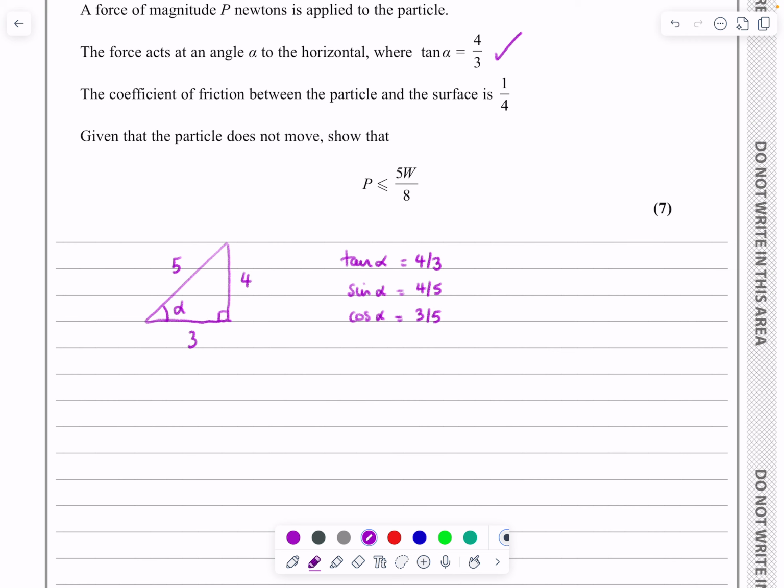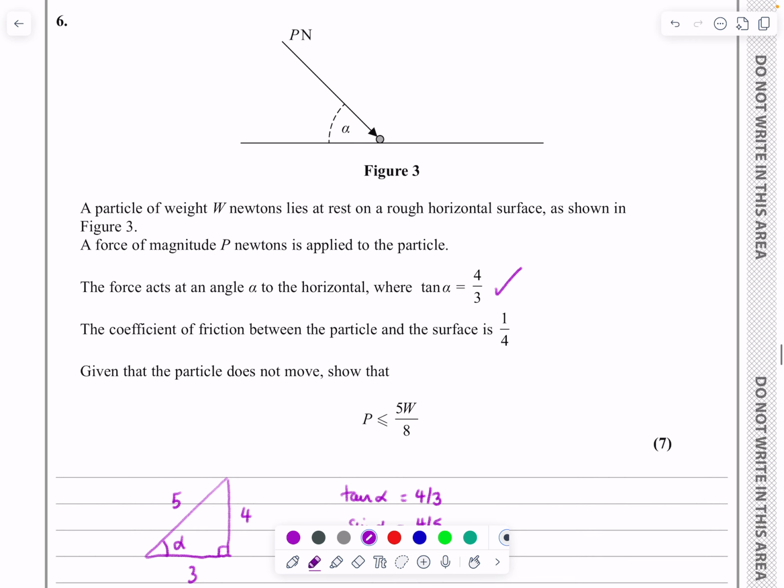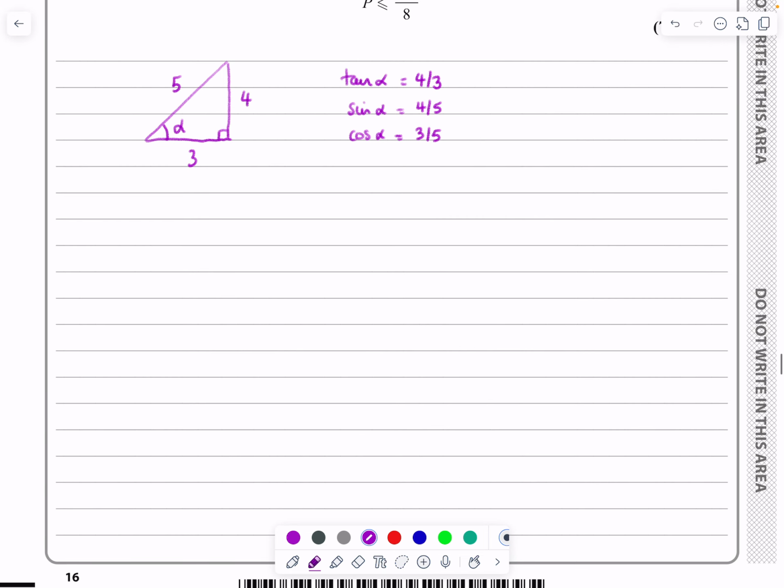Okay, let's return and actually do the force diagram for this situation. So if we set up our rough surface here, my particle, it told me, has got a weight of W. Obviously, it will have a reaction force as it's sitting on a plane here. We had this force P, which is acting at an angle of alpha there.